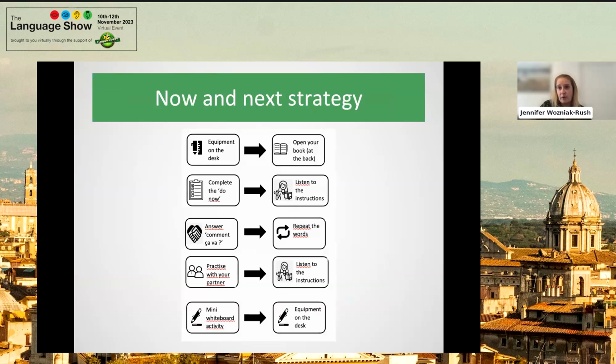This is something that we started to do in our school last year, and it's called the Now and Next strategy. And to be honest, before last year, I didn't know about that strategy, but actually it's very, very powerful. And the Now and Next strategies can help some of your SEND pupils.